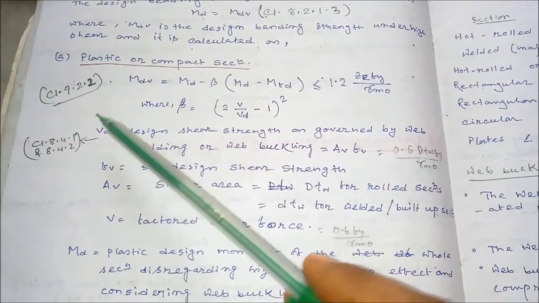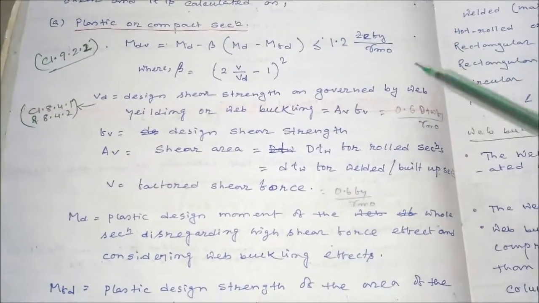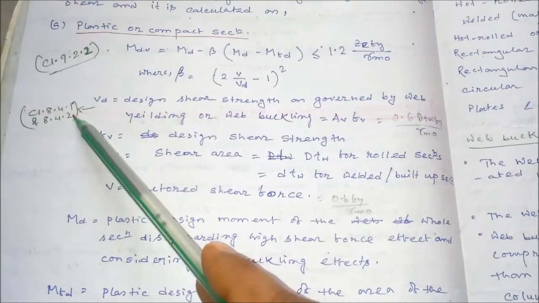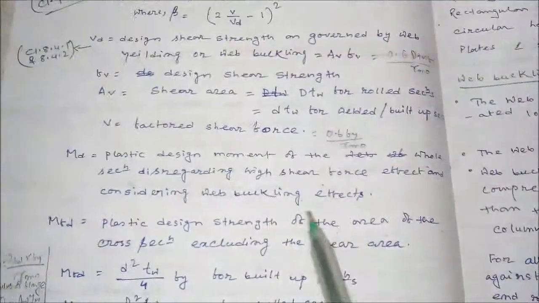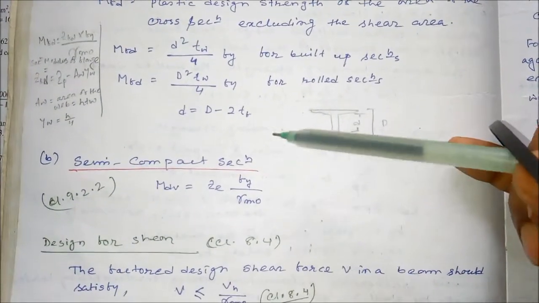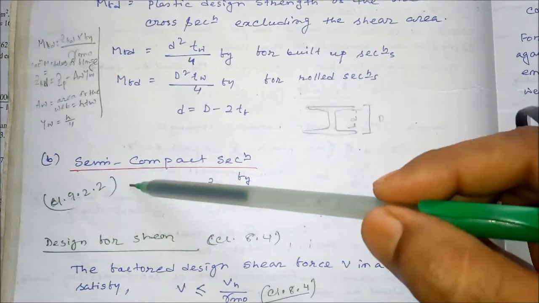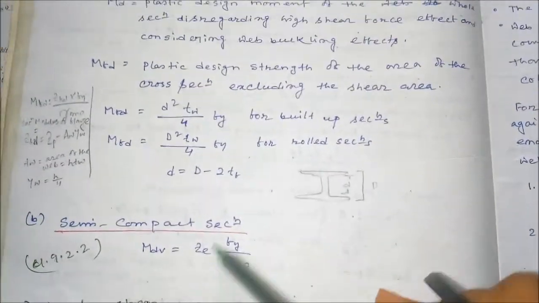And the Vd value we can find out from clause 8.4.1, 8.4.2, right? The other case is the semi-compact section, and this we can find out in clause number 9.2.2.